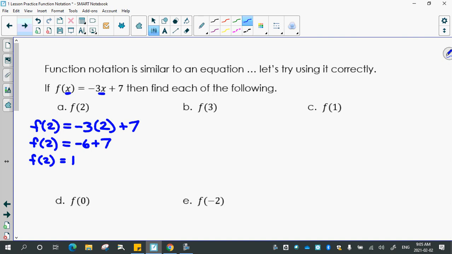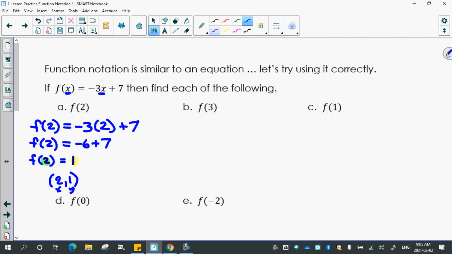And remember that this means when x is 2, y is 1. So this really means that the point (2, 1) would be on the graph of that.